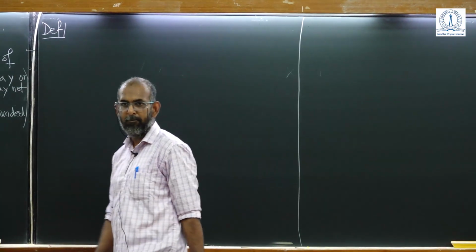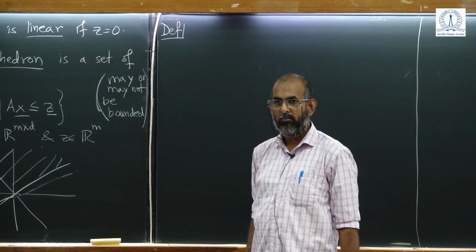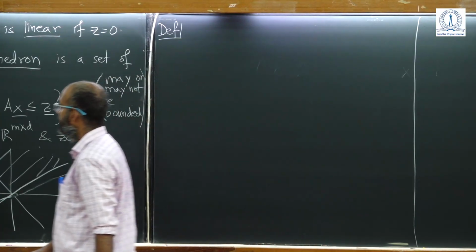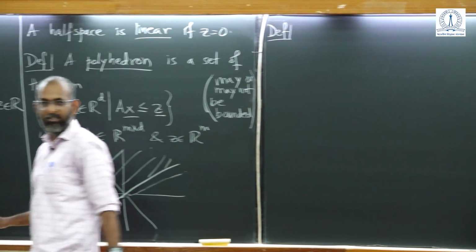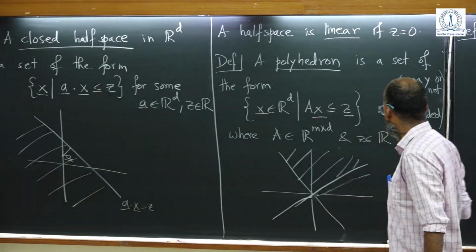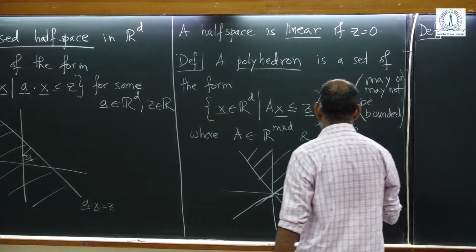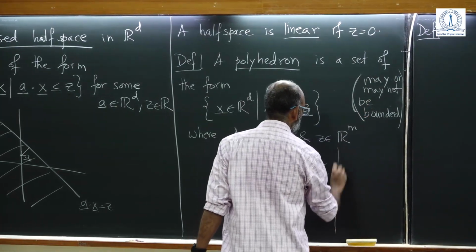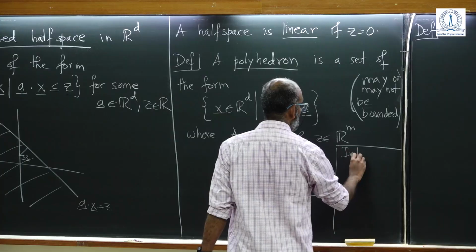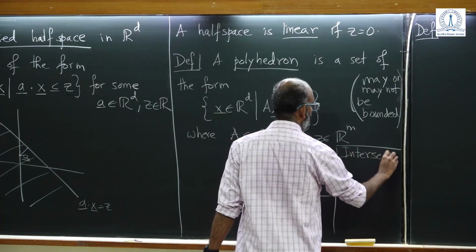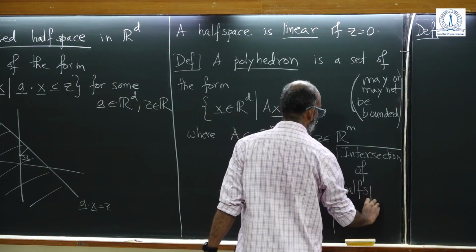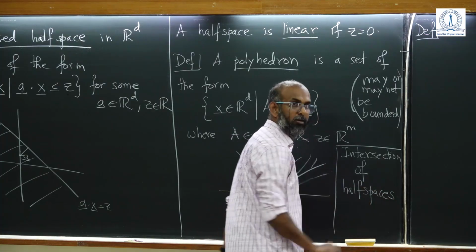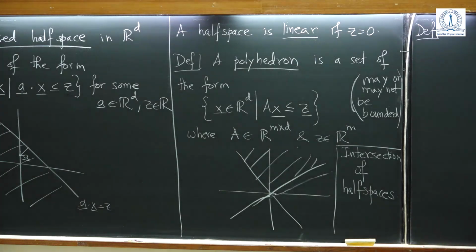So it is an intersection of sets of that form, right? Yes, exactly. Thank you, I should have said that. So you can think of this as an intersection of half spaces, finitely many, because A is a finite matrix.